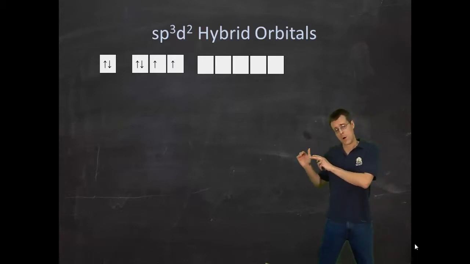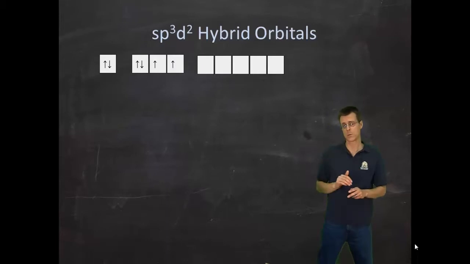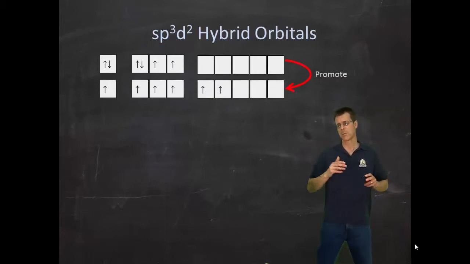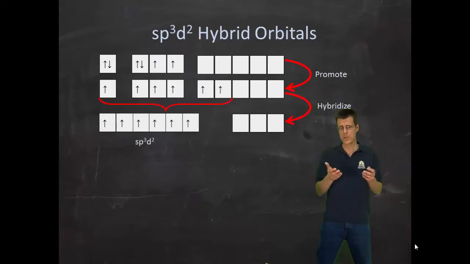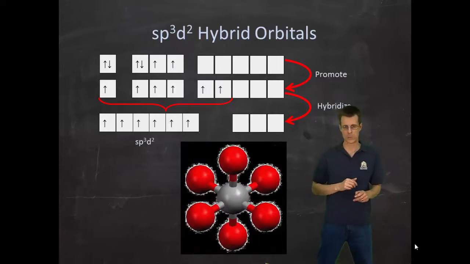So if I promote 2 electrons up into d orbitals and hybridize 6 orbitals, I end up with 6 orbitals that we call sp3d2. That is going to give me an octahedral shape.